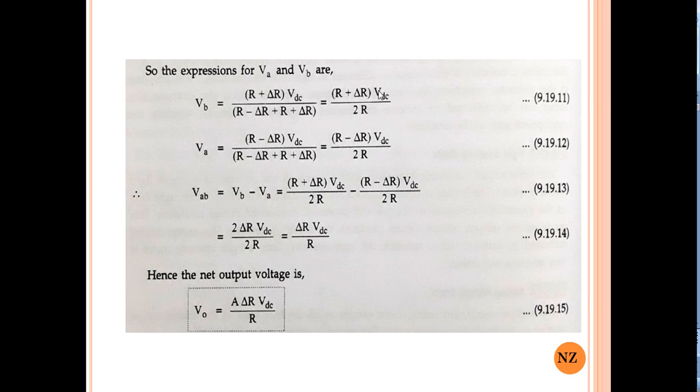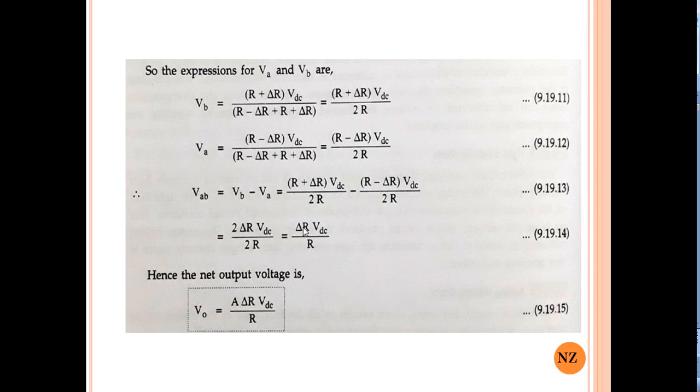This is the first equation. Then the second equation, R minus delta R into VDC divided by 2R. So we are basically subtracting these two equations to calculate the value of VAB. So now we will arrive at this particular equation: delta R into VDC divided by R.